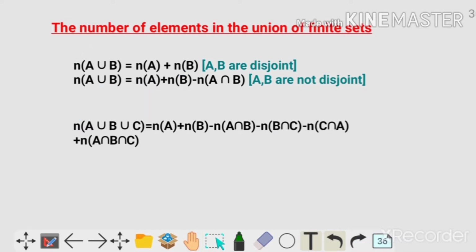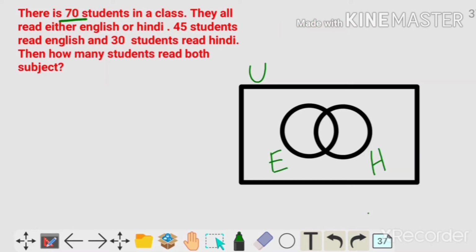As you have learned the formula, let's solve some problems. The first problem: there are 70 students in a class. They all read either English or Hindi. 45 students read English and 30 students read Hindi. Then how many students read both subjects? Here is the Venn diagram.